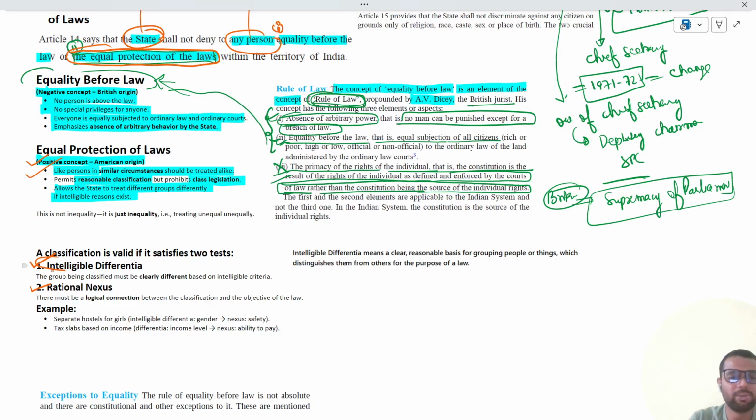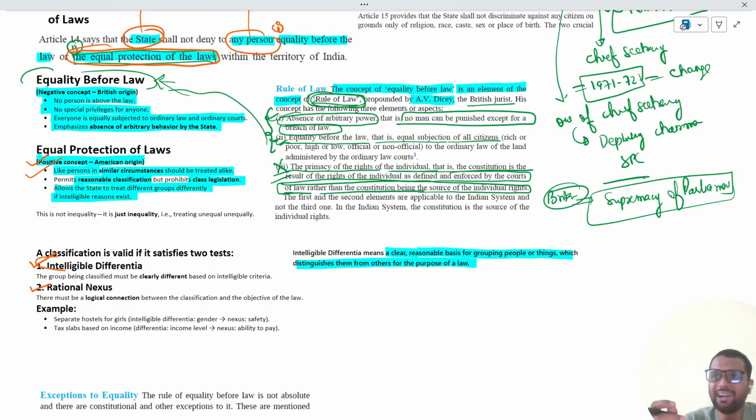Number one is intelligible differentia. What does it mean? It means a reasonable basis for grouping people or things which distinguishes them from others for the purpose of law. That means you are making law for different groups of people, and the law should be justified. The classification, that is the grouping, should be reasonable.